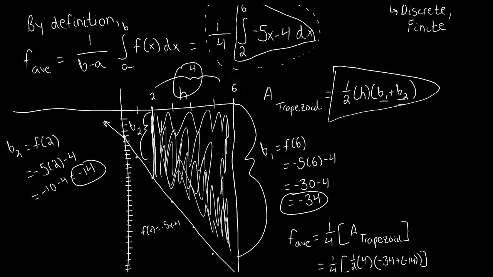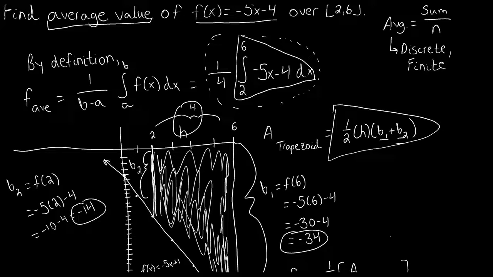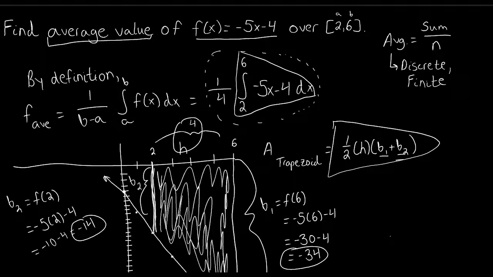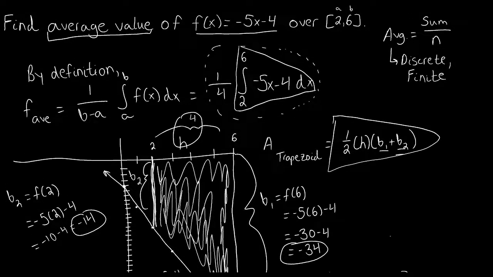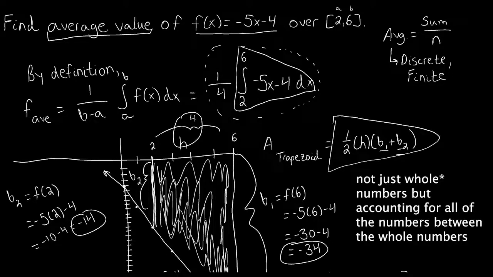What we did was we looked at the difference between the average of a discrete, finite number of terms and compared that to finding the average value of a continuous number of terms, right? So not just numbers, but everything in between the numbers.